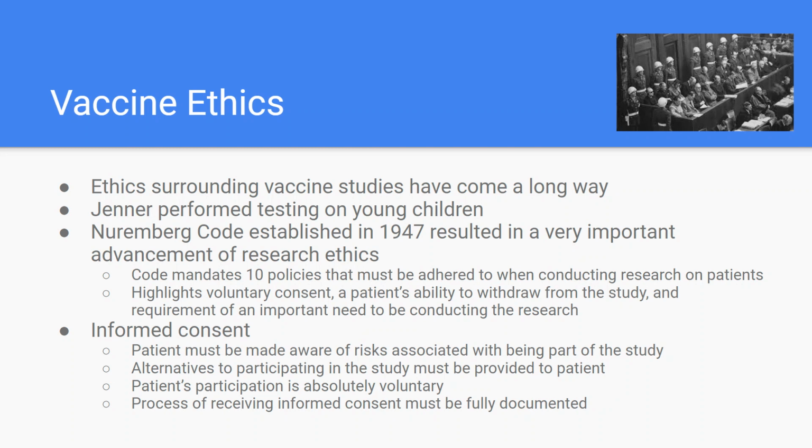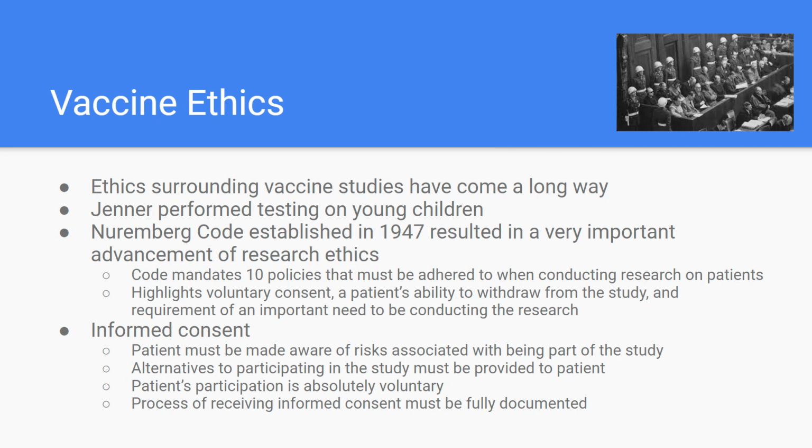And finally, informed consent was a term that would come around later on in the late 50s. Essentially, patients must be made aware of risks associated with being part of the study, and there must be alternatives provided to the patient if this study is something that might help a condition that they have.